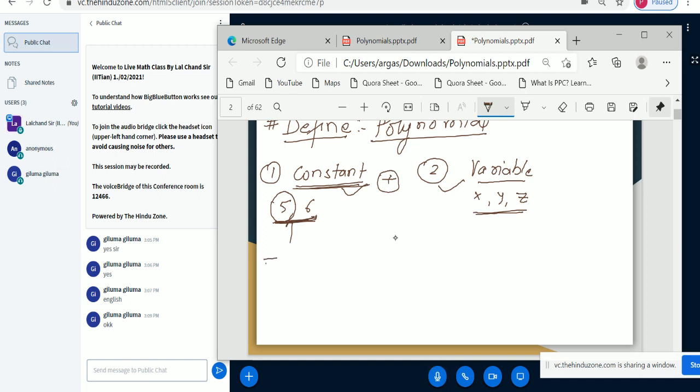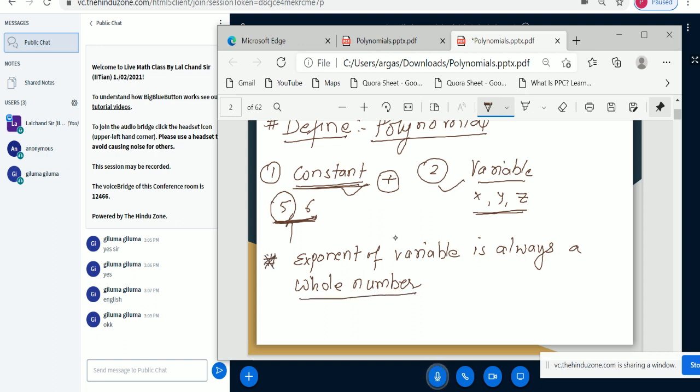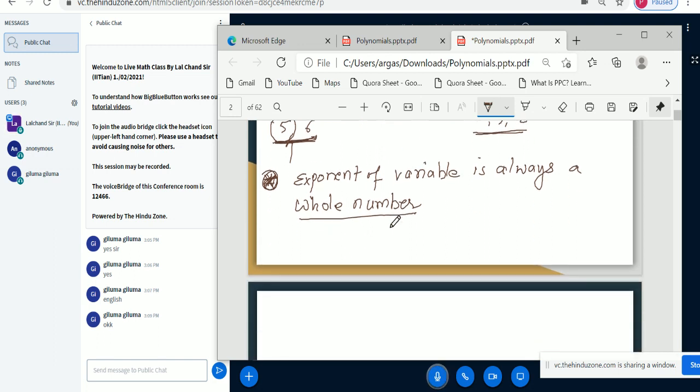And there is a certain thing in an algebraic expression in a polynomial: the exponent of a variable is always a whole number. This point is quite important in the definition of a polynomial. So what do you mean by the exponent of a variable being always a whole number?